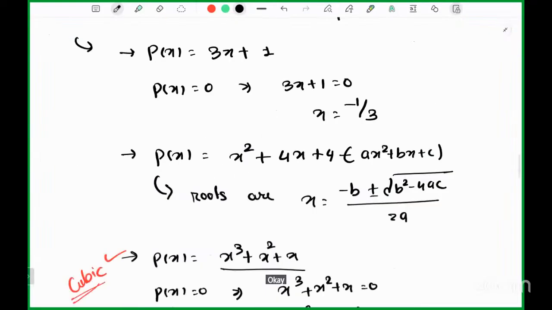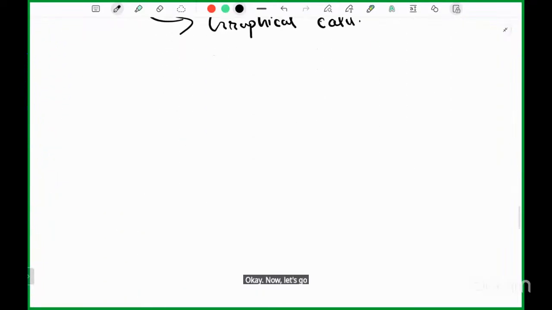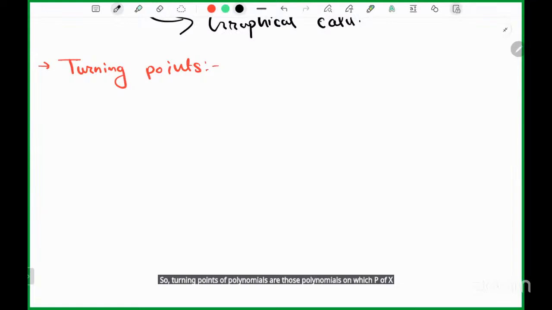Okay. Now let's go to the next point, which is the turning points of polynomials. So what are the turning points? Turning points of polynomials are those points on which p of x is changing its nature from increasing to decreasing or decreasing to increasing.